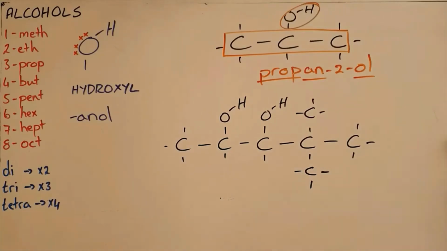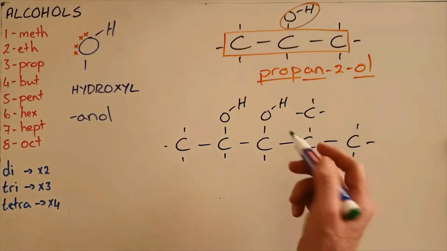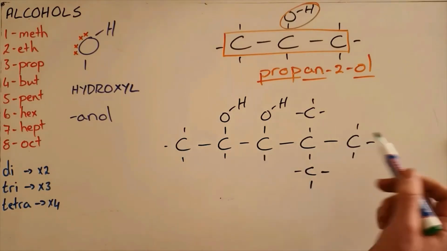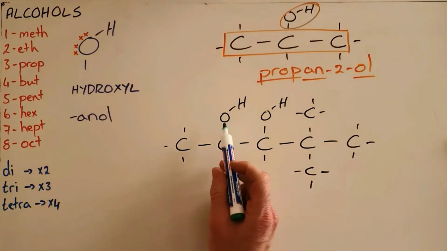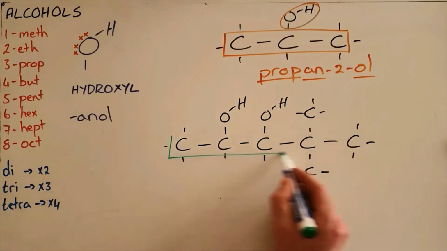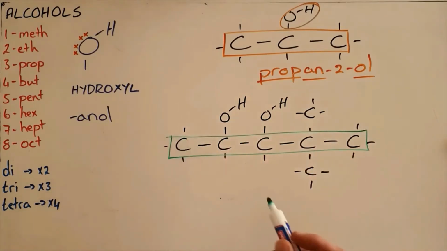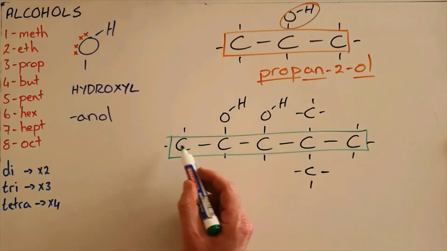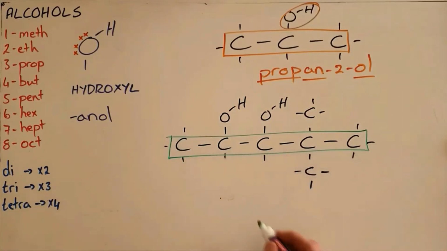The other rules still apply, as we would have in branches, where here we can see we once again have an alcohol because it has the hydroxyl functional group, and we start by identifying the longest possible carbon chain. In this case, that is meth, eth, prop, but, pent.